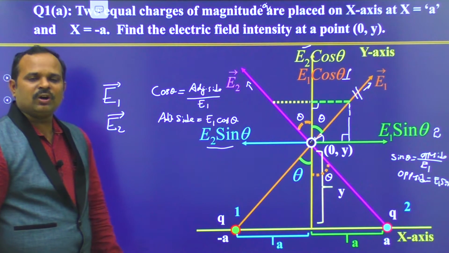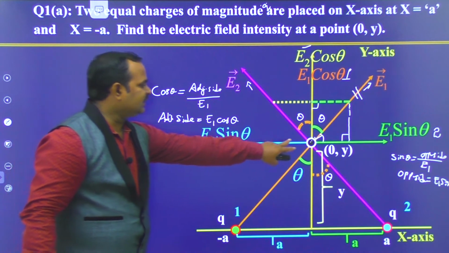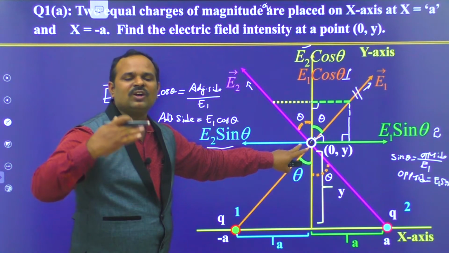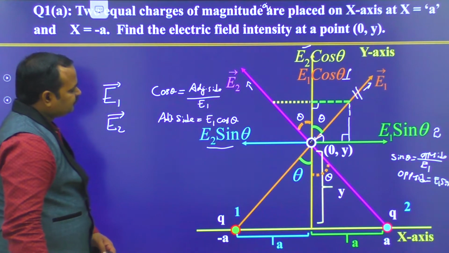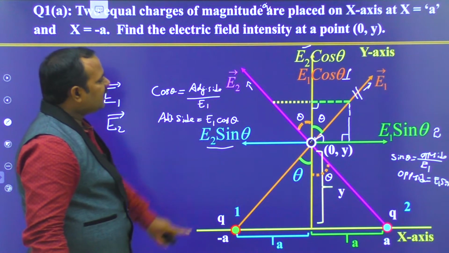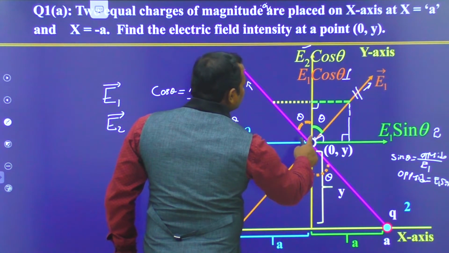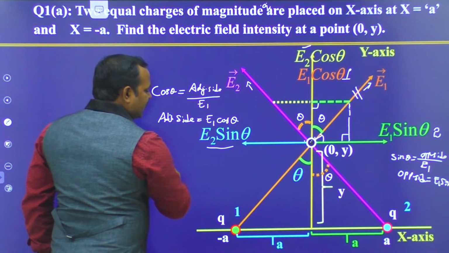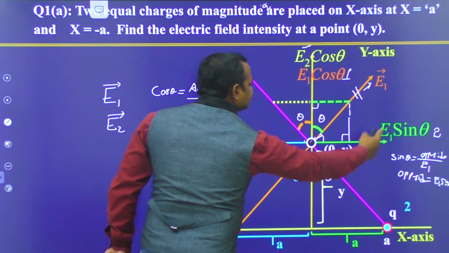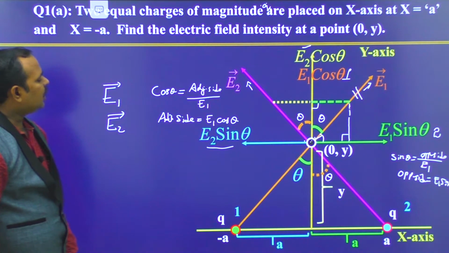Now we have resolved everything. We only need to find the total electric field at this point, that means the vector sum of all the components of the electric field, right? But if you see here, two components are in the vertical direction, one component is in the negative x-axis and one component is in the positive x-axis. Just remember this.